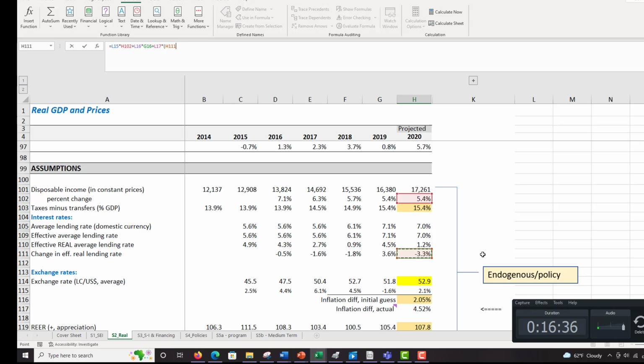So you can see here that we made several calculations.